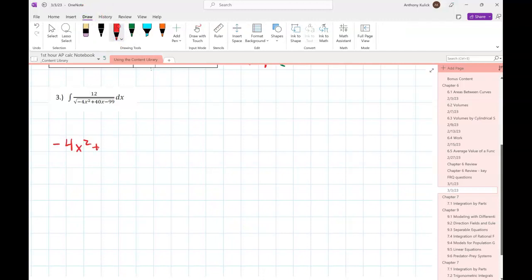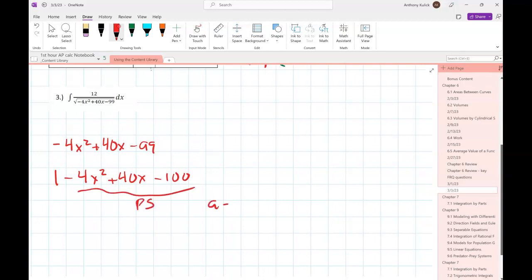So here's the dealio. This is a much easier problem because I can write this by adding 1 and subtracting 1. This is a perfect square. So I know that (a minus b) squared is a squared minus 2ab plus b squared.